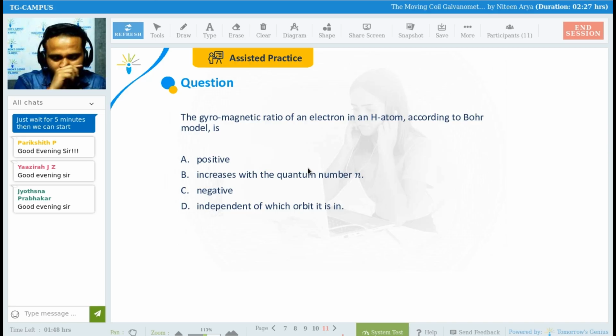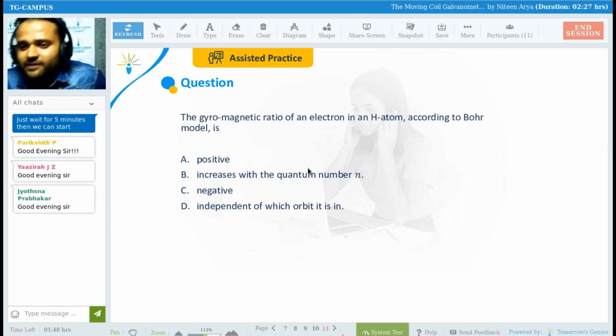No. Positive, negative. Okay. Everyone, just write the formula for the gyromagnetic ratio in the chat box, and then tell me the answer. Then I'll tell you one important thing that is going to come. You tell me this, then I'll answer. Everyone, just write the formula for this gyromagnetic ratio.